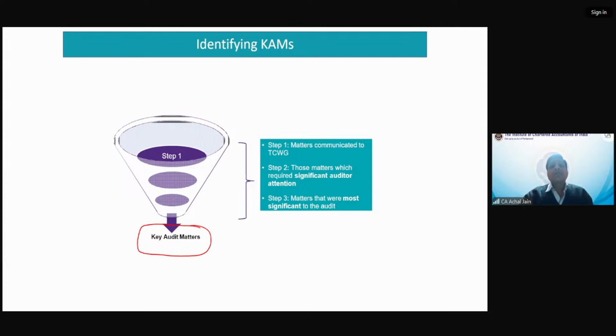But will the user of the financial statements get to know about it? Tell me, if you look at the format of the audit report, will you get to know about any of those matters which the auditor may have faced, which the auditor may have found complexity in, over which there could have been some judgments?